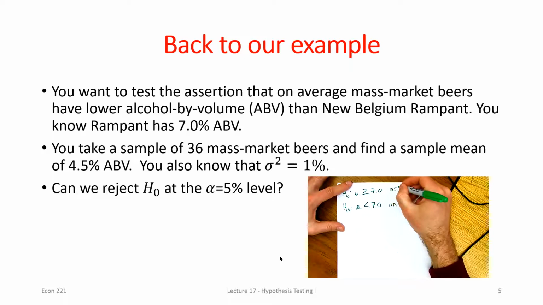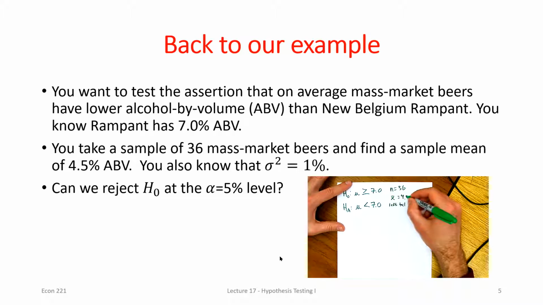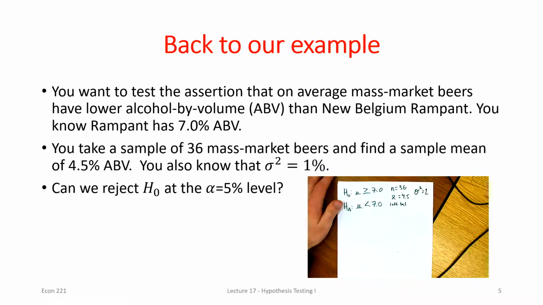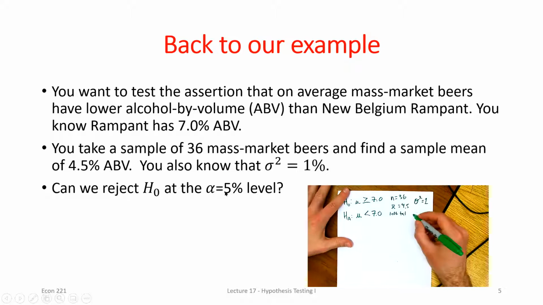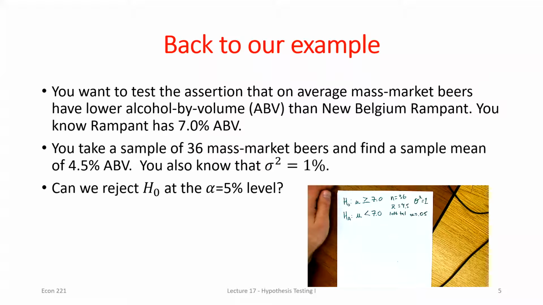We took a sample of size 36. We found a sample mean of 4.5. And now let's assume that somehow we were given a population variance of 1. Can we reject the null at the 5% level? So here alpha is 0.05.